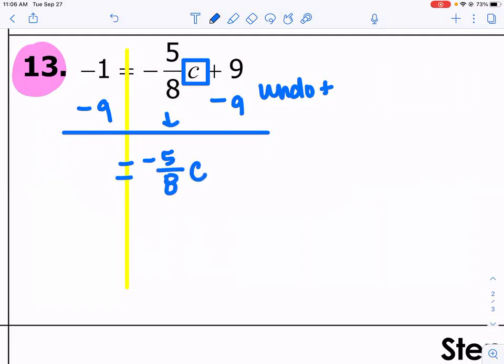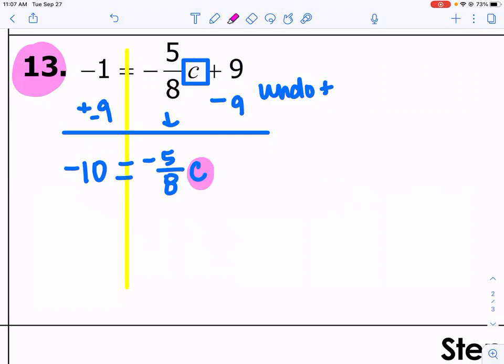The 9 minus 9 undo each other. But now on the left side, we have -1 minus 9. If you want to do keep, change, we have -1 plus -9. Ryan says that's -10. Do you agree with Ryan? Okay, thanks, Ryan. At this point, we need to get C by itself.